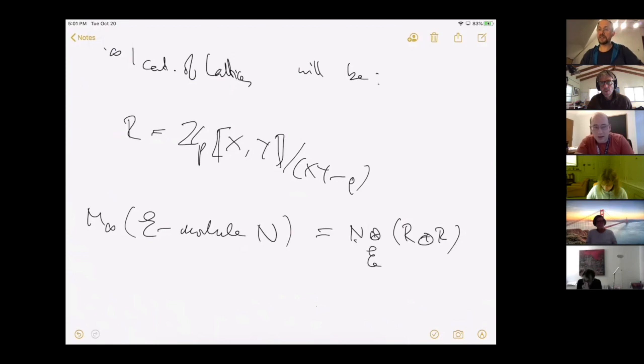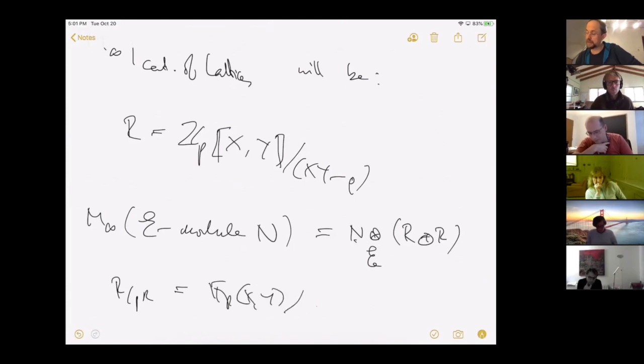The projective generator is a sum of two pieces, and each piece goes to one copy of R. The simples will go to mod P reduction. If you reduce this ring mod P, it becomes reducible. R mod PR is F_P adjoin X, Y with XY equals 0. So it has two irreducible components, and the two simples go to the structure sheaves of those two irreducible components.